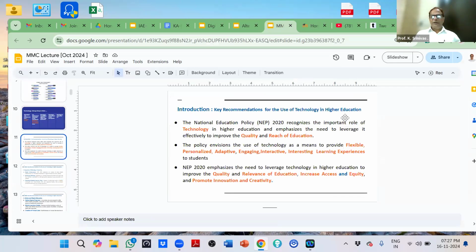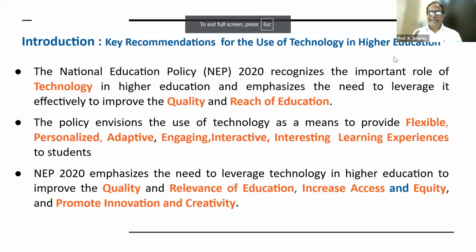Okay, let's come to the session. There are a few important points. What are the key recommendations on the use of technology in higher education? We all know very well that the National Educational Policy recognizes the important role of technology in higher education and emphasizes the need to leverage it effectively to improve the quality and reach of education.